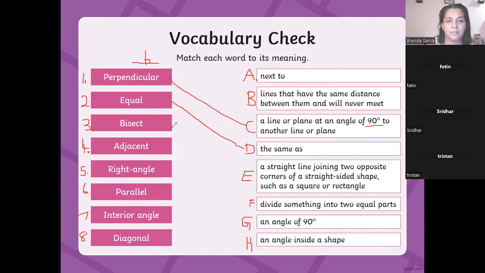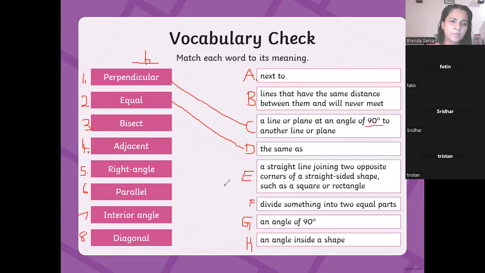I know this may be easy for some. What is a bisect? Terms are important to a certain extent, you being able to remember. So let's try. What is a bisect? Don't look up the internet now, all right? Put the numbering in. What is a bisect? E. A straight line joining 2 opposite corners of a straight-sided shape, such as a square or a rectangle.